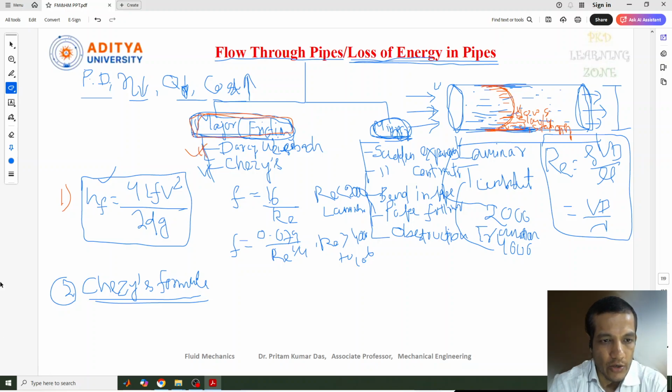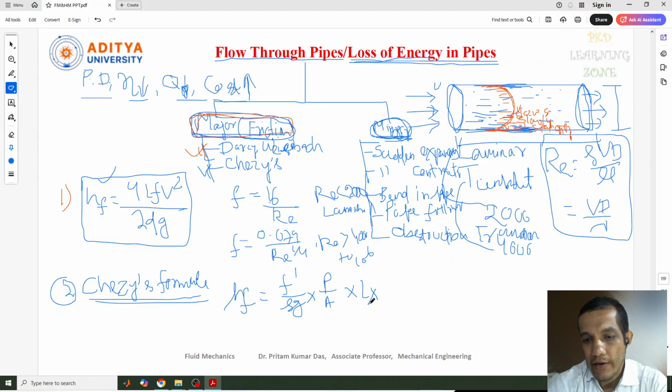Before coming to the final conclusion, we had an equation, hf equal to, in terms of f dash, f dash by rho g into P by A into L into V square. This was one equation which we derived at that time, so we can call it equation 1.